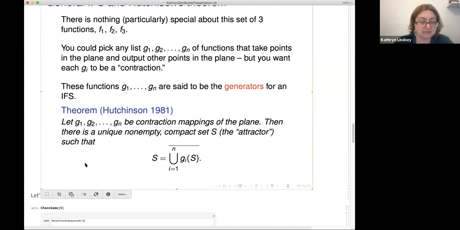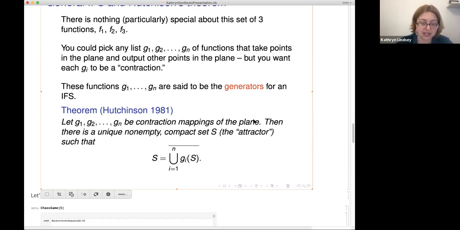So here's a theorem, proved in 1981 by Hutchinson. It says that if we've got an iterated function system generated by any set of contraction mappings, then the attractor or limit set exists.